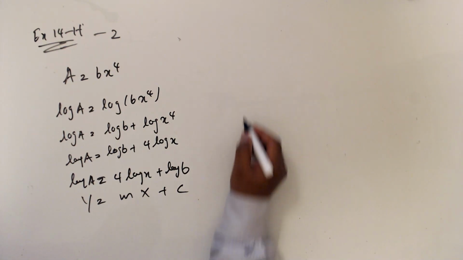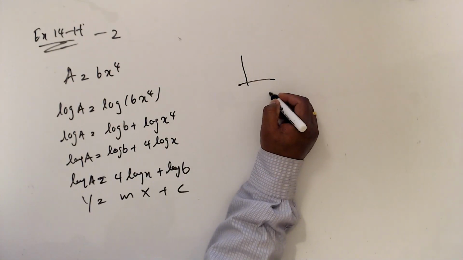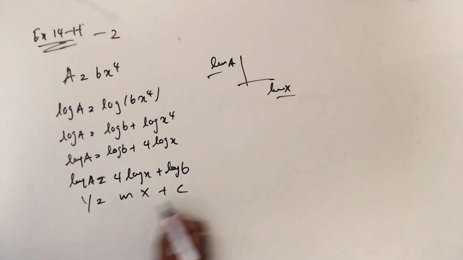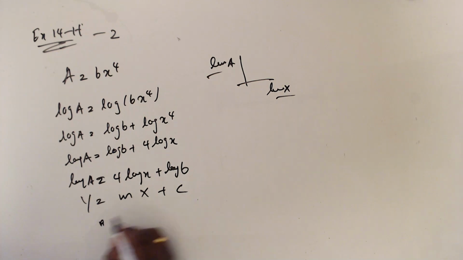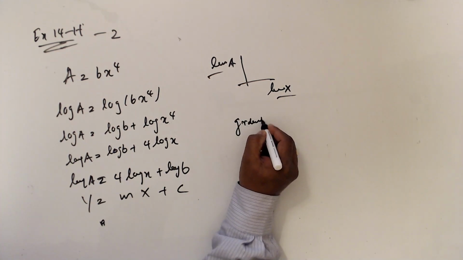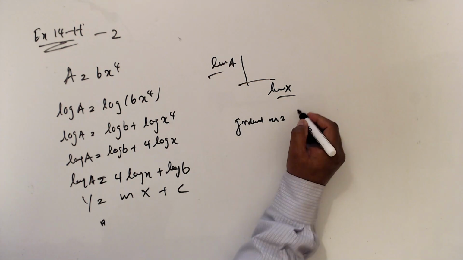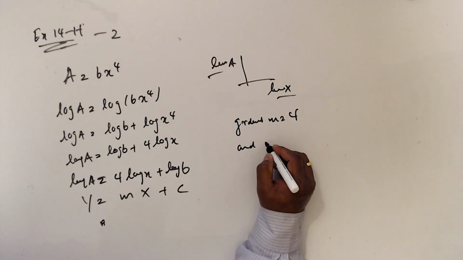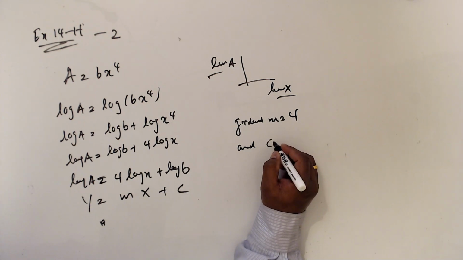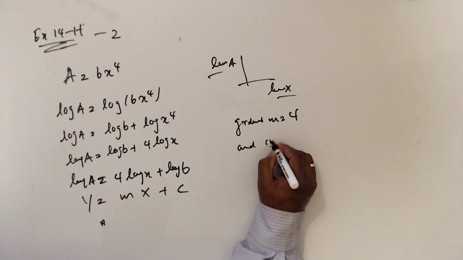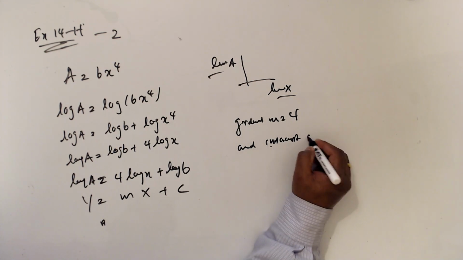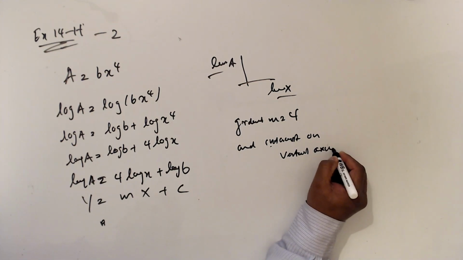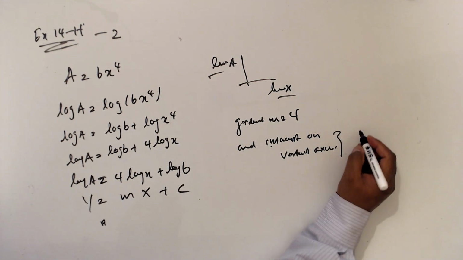So in part B, they plotted log x against log A. Then the gradient m equals 4, and the intercept c, the intercept on the vertical axis, is log 6.